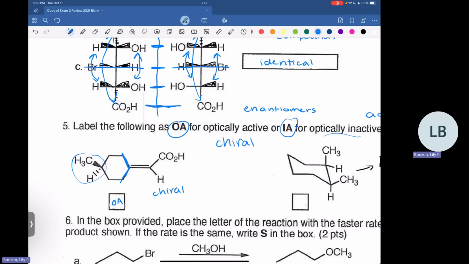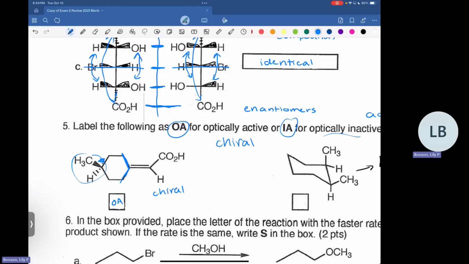Yes, that's a chiral center, but you have to double check and make sure there's not a plane of symmetry within the compound itself. Yeah, so this is a chiral center. I probably should have started with that.